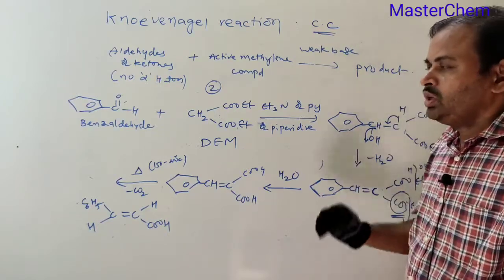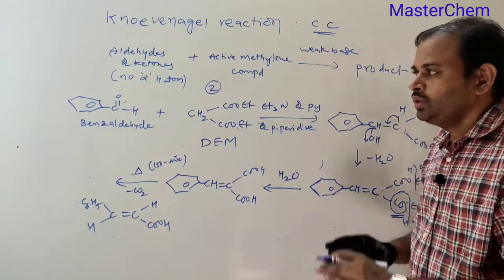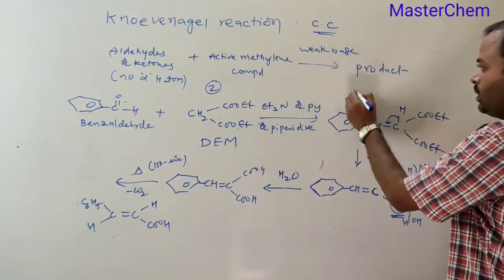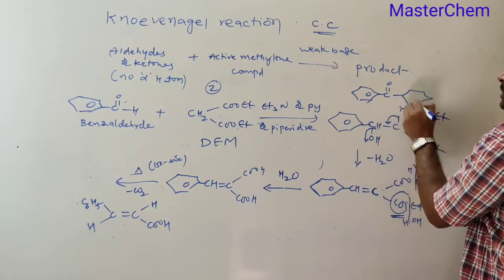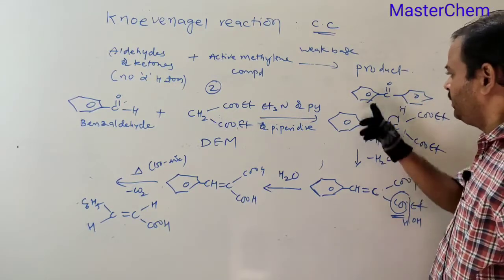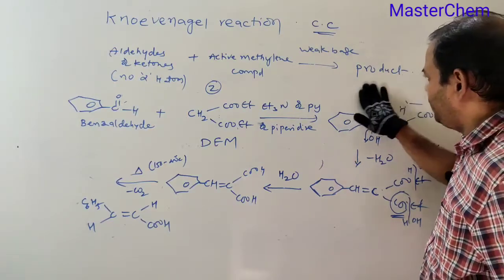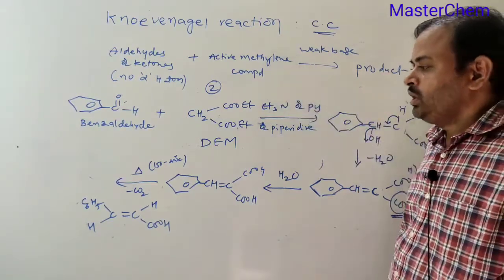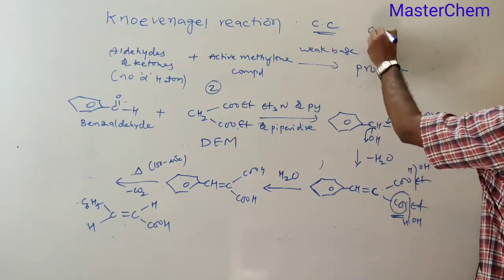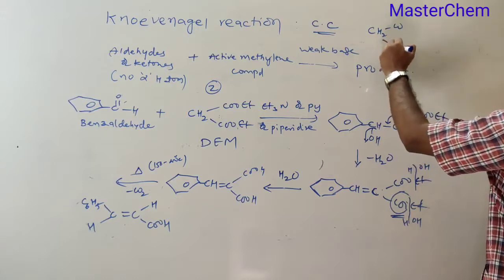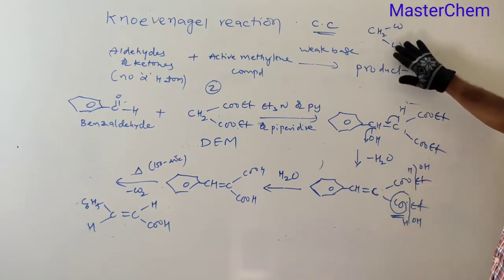What you should remember: any aldehyde or ketone with no alpha hydrogen atom. Not only aldehyde, it may be a ketone also, such as C6H5 C double bond O C6H5, where there is no alpha hydrogen. And an active methylene compound: not only these two examples, any active methylene. How can you define an active methylene compound? The CH2 group is in between two electron withdrawing groups.